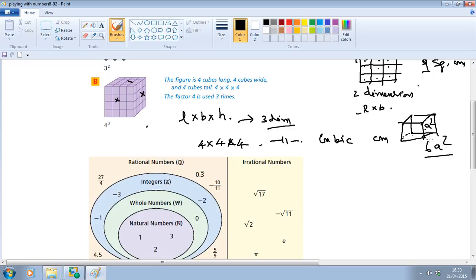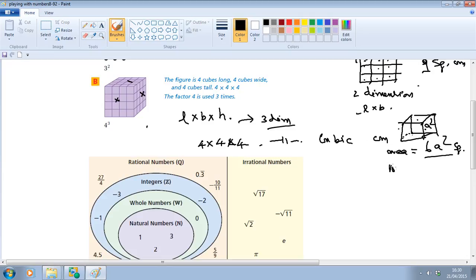We want to find out the area. So each side take as a square, and total how many surfaces are there? And what is the volume? Surface area is 6a square, square centimeter or whatever it is.